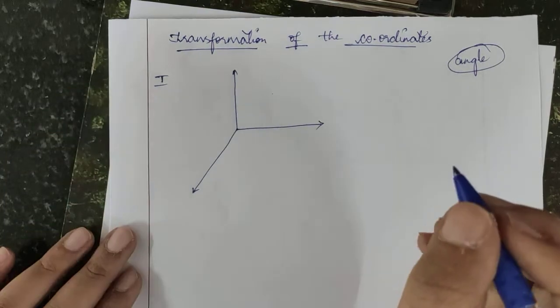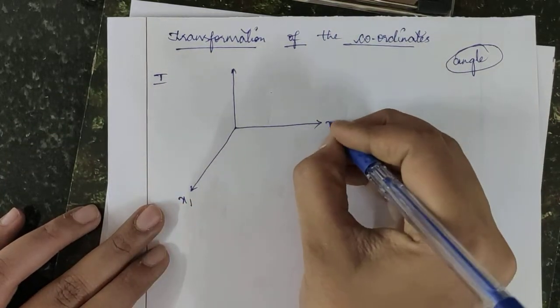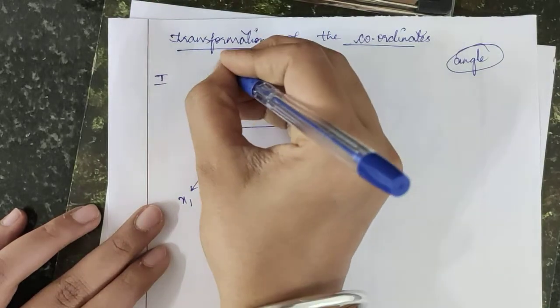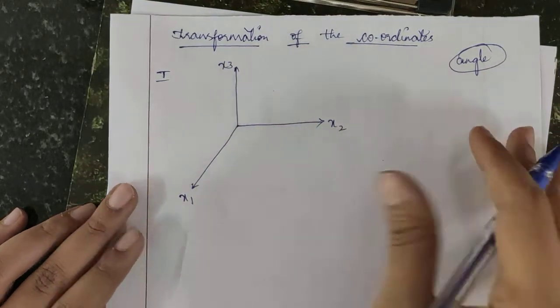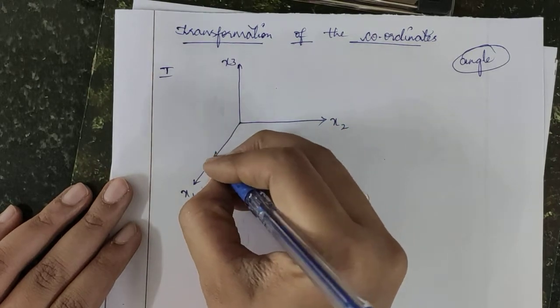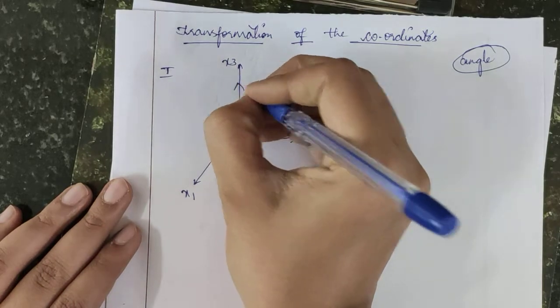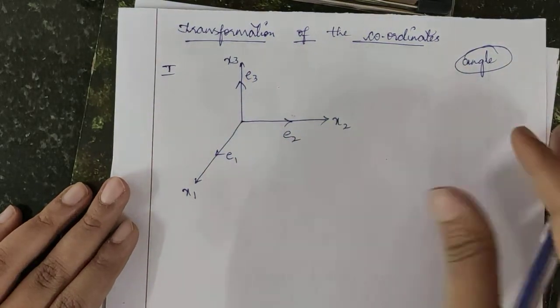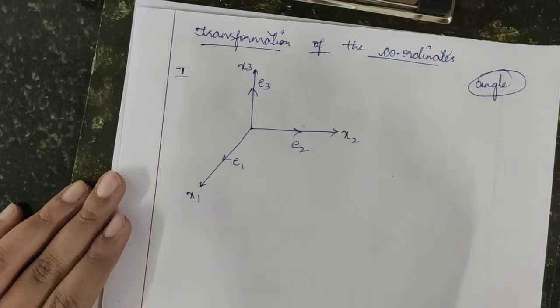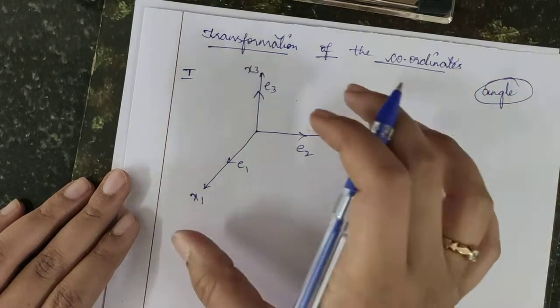we are considering three-dimensional coordinate system. Okay, so this is x1, this is x2, this is x3. So for x1 the base vector is e1, for x2 it is e2, and for x3 we have base vector as e3. Here we are considering p of xi as point on the space.